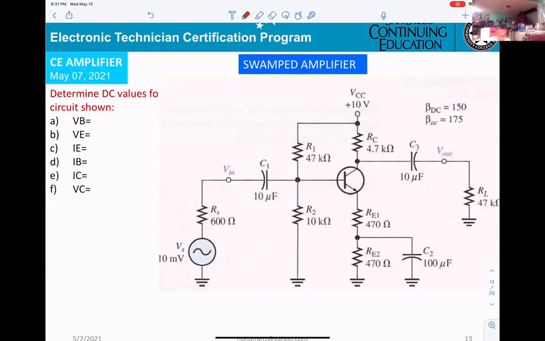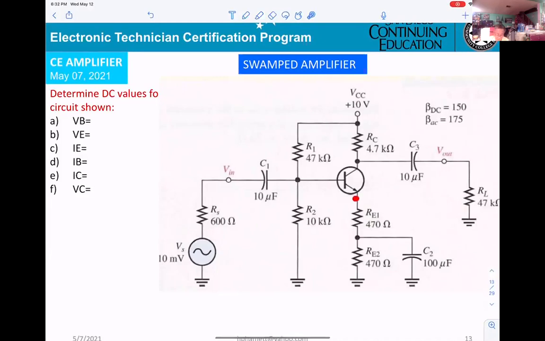On this circuitry, they call it a swamped amplifier. That means you can see the difference is they get two resistors here, RE1 and RE2. And the capacitor C2 bypasses RE2. So in the circuitry, you still get RE1.